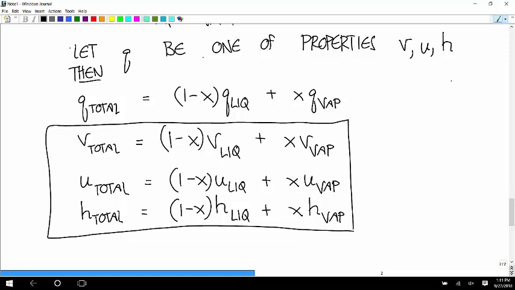Basically, you're just doing a weighted sum of those 2 parts. So if your material is 20% vapor and your quality is 0.2, you have 0.2 times the specific volume for the vapor plus 0.8 times the specific volume for the liquid. You add those 2 up and it gives you the total specific volume.